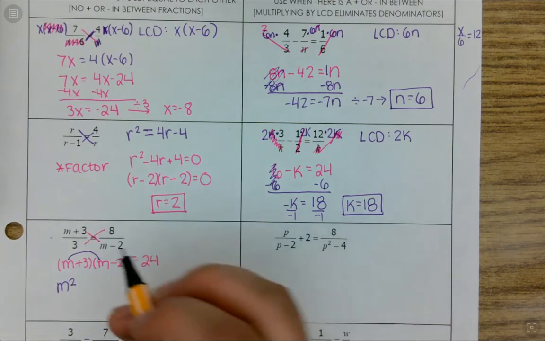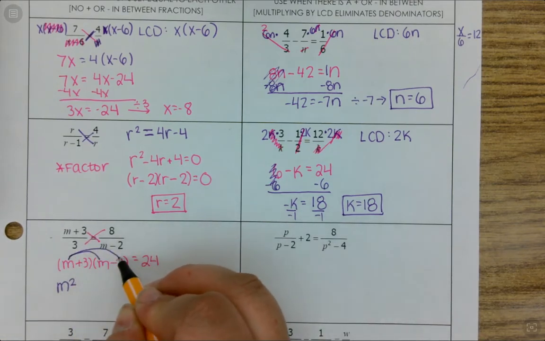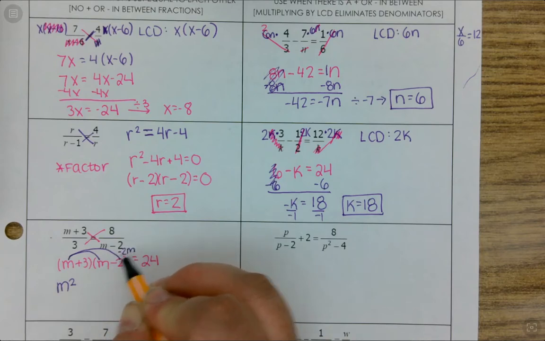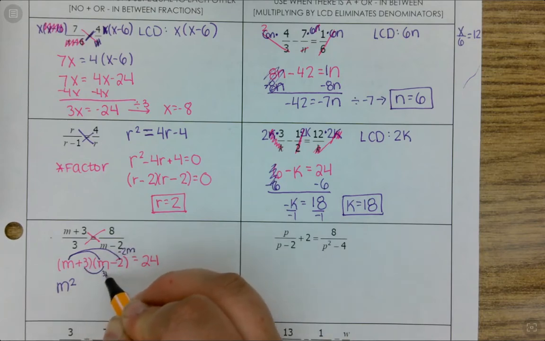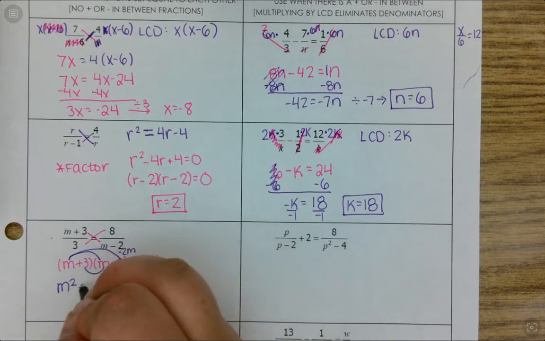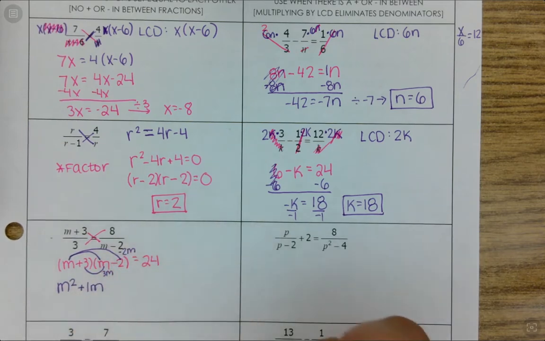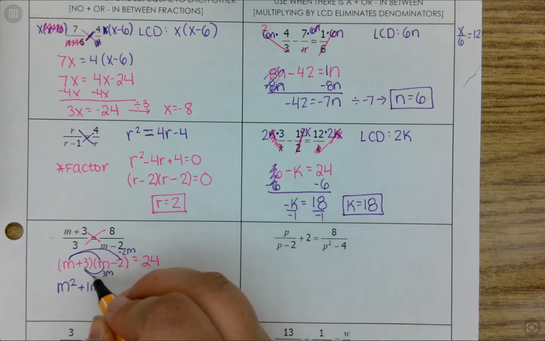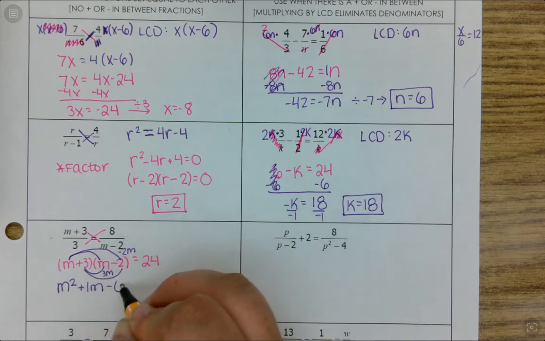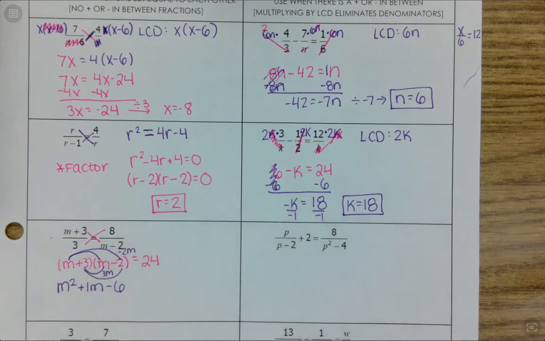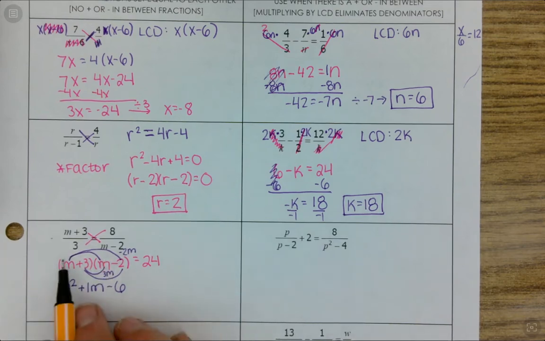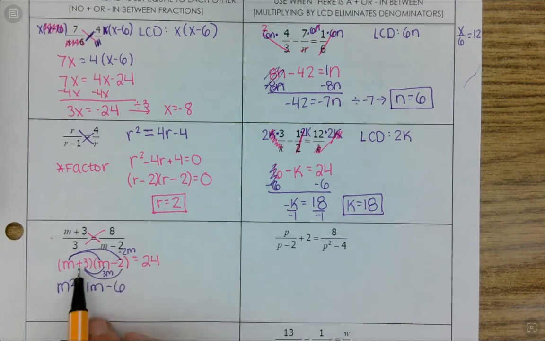And then hang with me for a second. This one's going to be -2m, and this one's going to be 3m. 3m minus 2m is +1m. And then 3 times -2 is -6. You just need to make sure you do this times both of these, and the 3 times both of these.